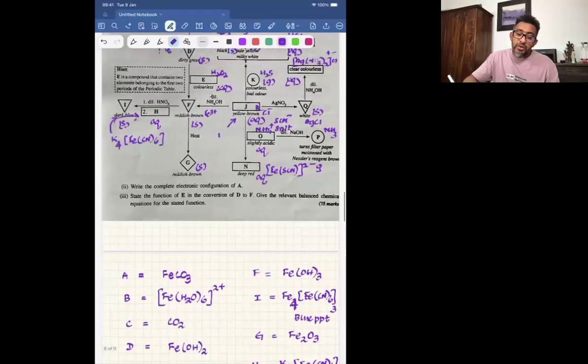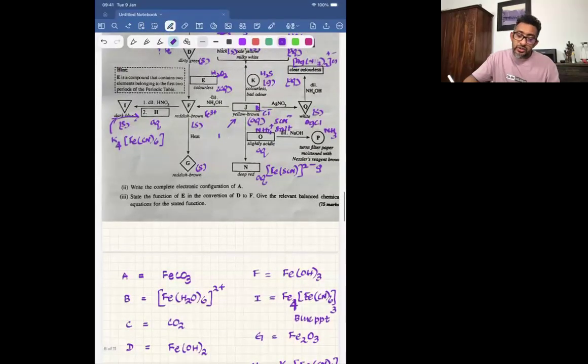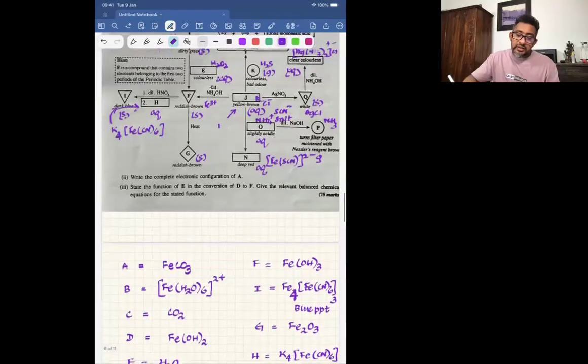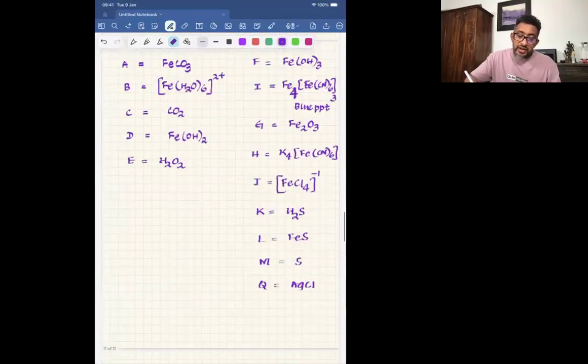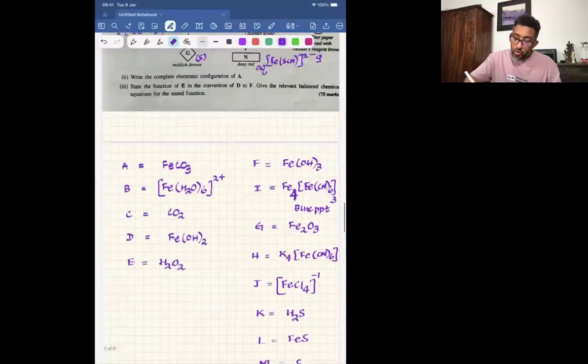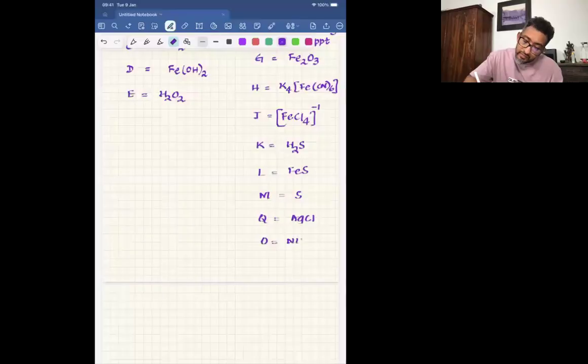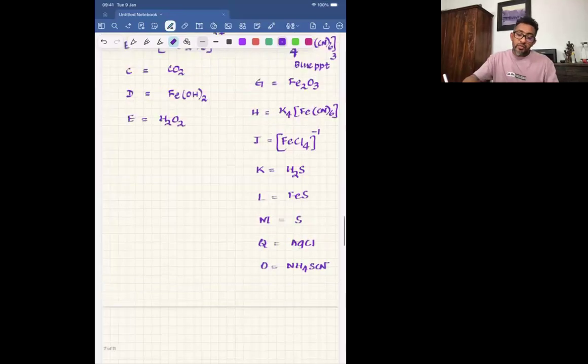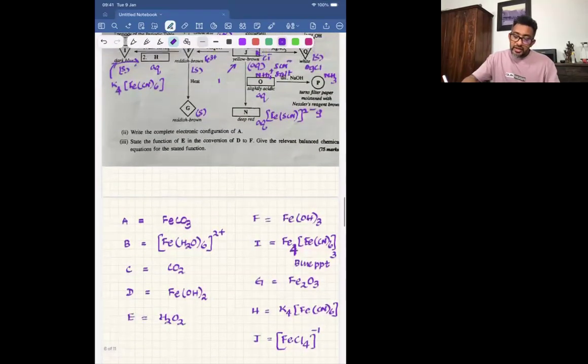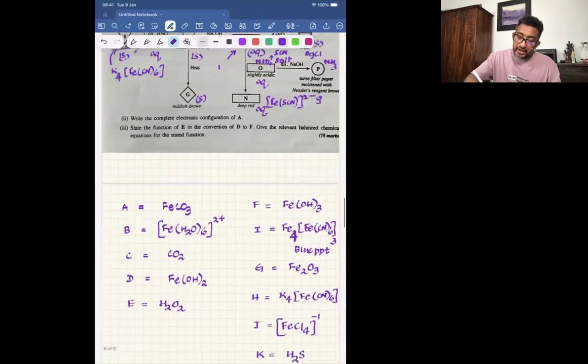When you add ammonium hydroxide, it gives you a clear solution. Slightly acidic, this one. So what is that? Not N, O. O is ammonium thiocyanide.